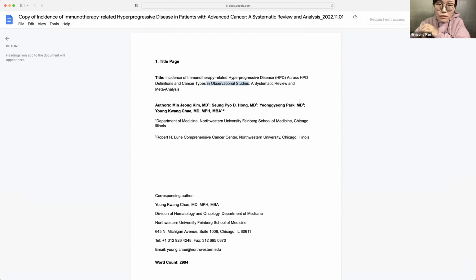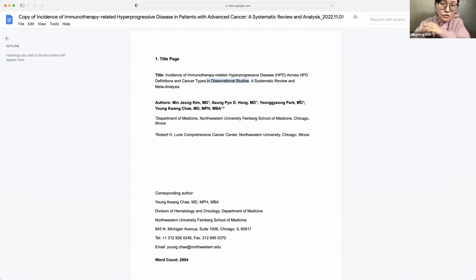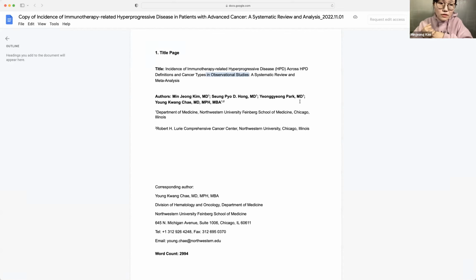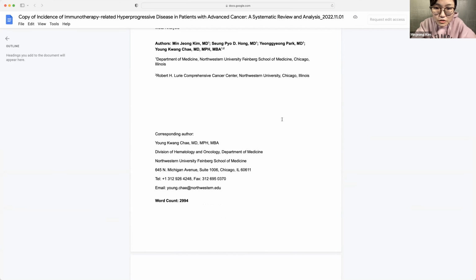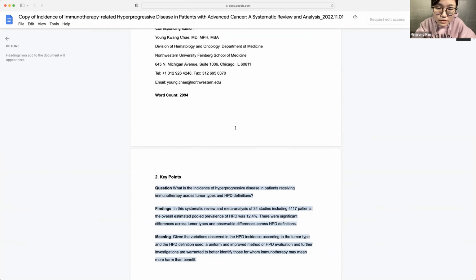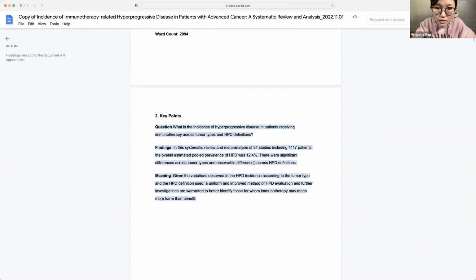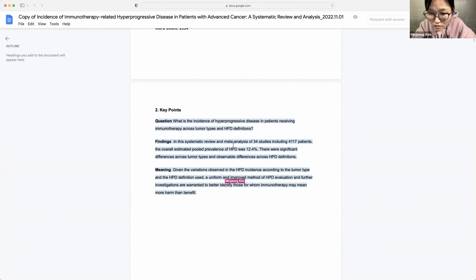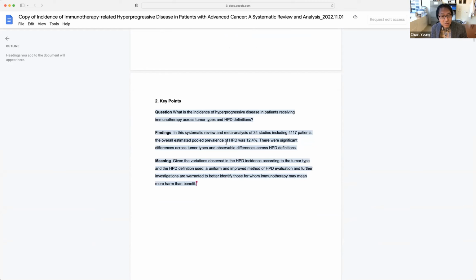They mentioned things like clinical trials or individual patient data analysis and so on. So I added that phrase. And then the second section and the third section, I basically rewrote all of it.